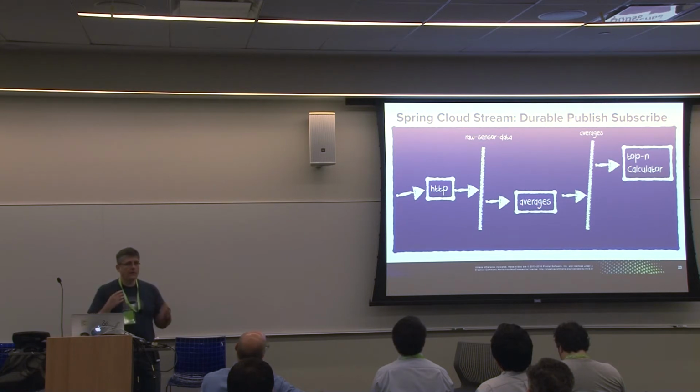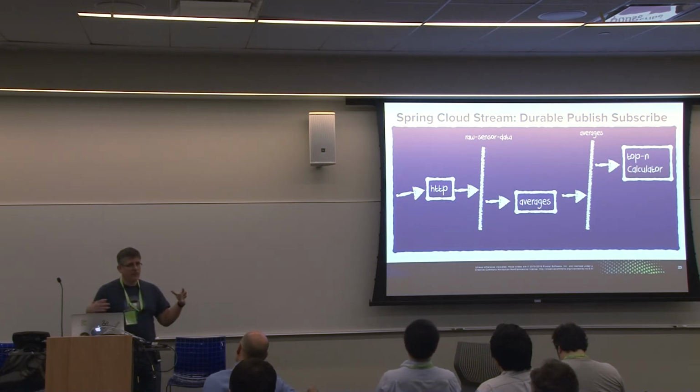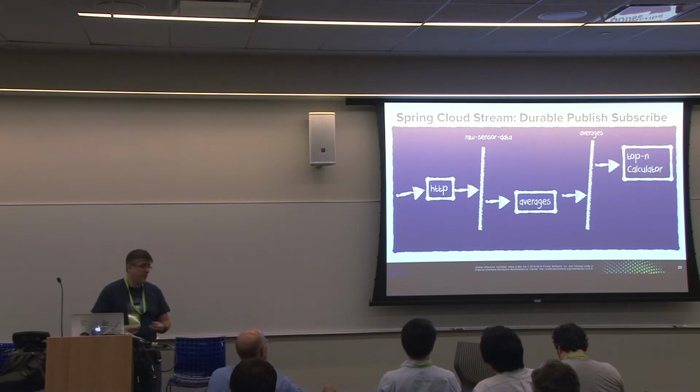So when Spring Cloud Stream interacts with a messaging system, it provisions the infrastructure over which these two applications communicate. For example, in Rabbit, it uses an exchange, and it configures consumers so that there's some retention of that data. In Kafka, which has been a big inspiration for us, this kind of thing is done automatically, right?